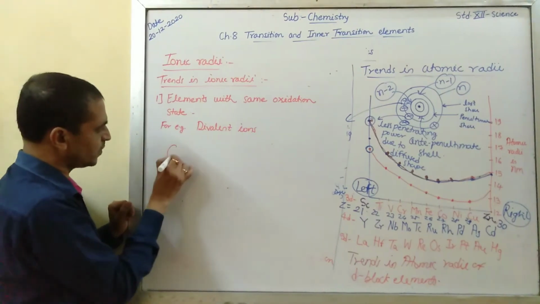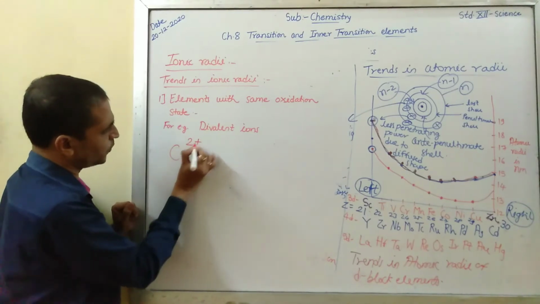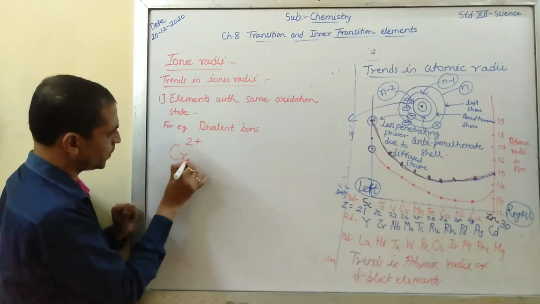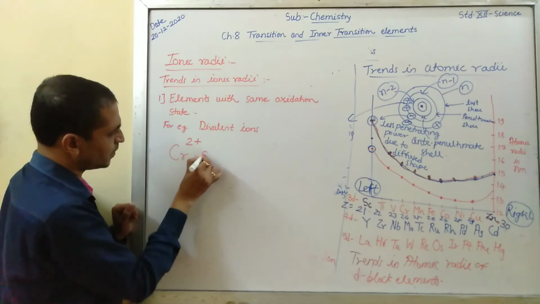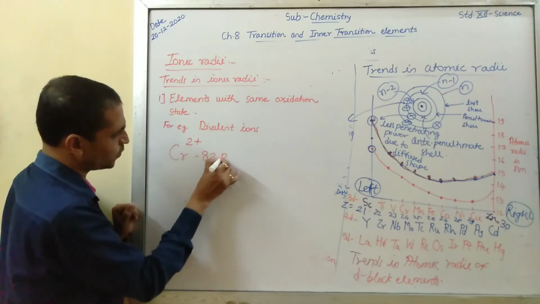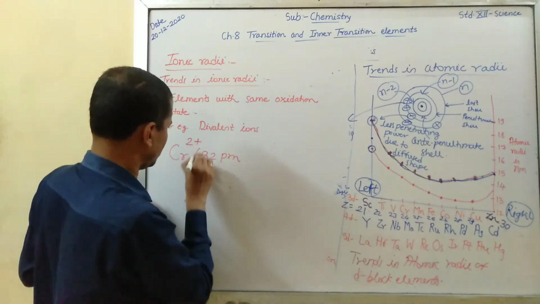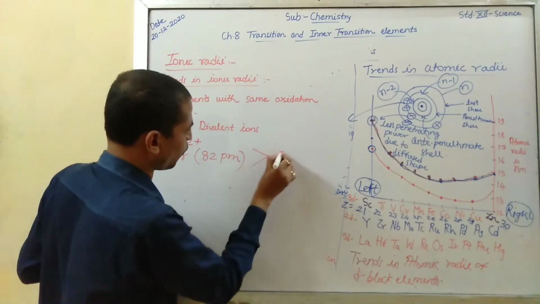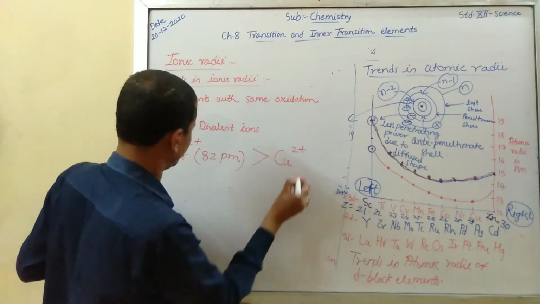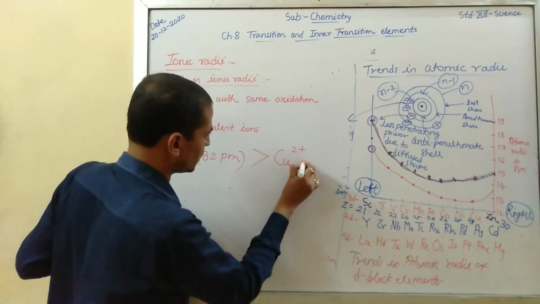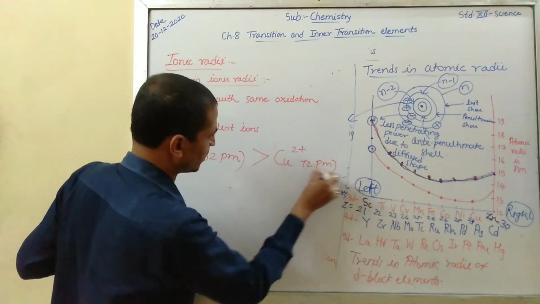Now see, if you consider chromium 2 plus, it has ionic size 82 picometer, and for copper 2 plus, size is 72 picometer.